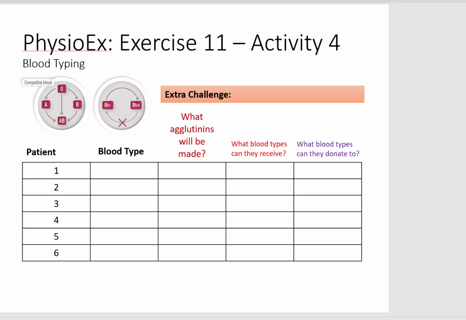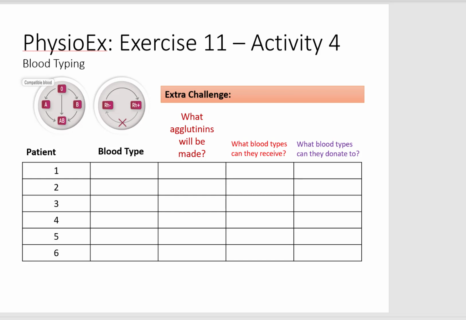Patient 1 should have been A positive. Patient 2, B positive. Patient 3, AB negative. Patient 4, O negative. Patient 5, AB positive. And patient 6, B negative.